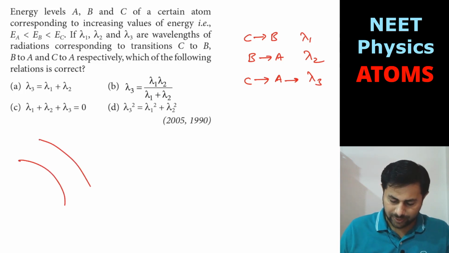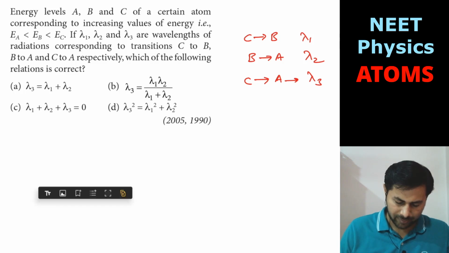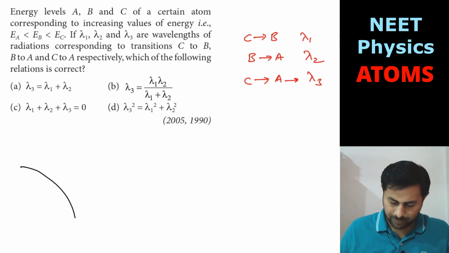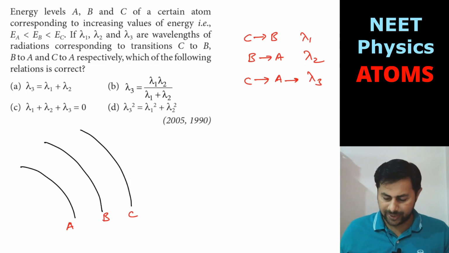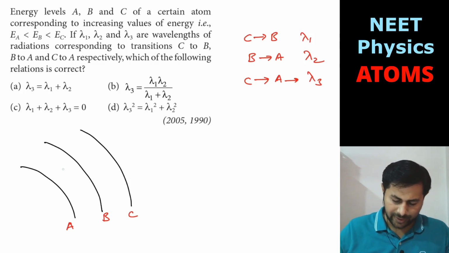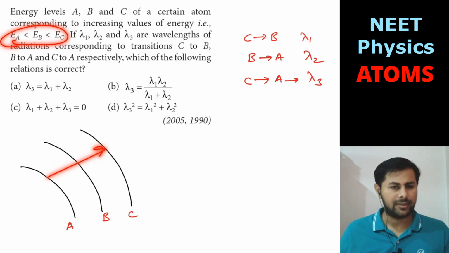Suppose this is orbit A, this is B, this is C. State A, state B, state C. They are in ascending order.